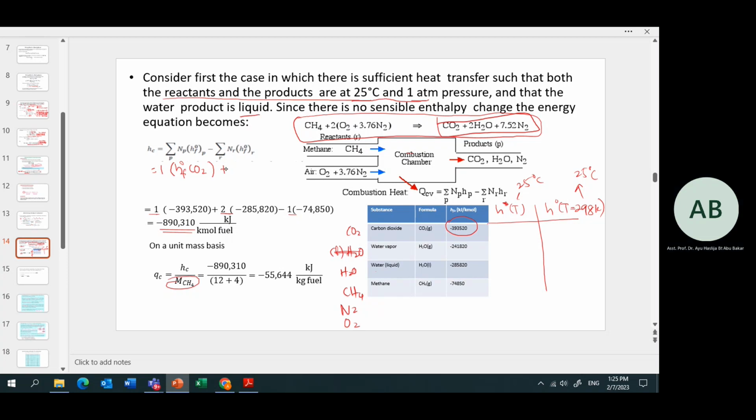Then plus 2 moles of H2O multiplied by the heat of formation of H2O liquid. Plus 7.52 nitrogen multiplied by the heat of formation of nitrogen, where we know the heat of formation of nitrogen is 0. That's why the table doesn't state it, but I advise you to state everything. Now this part is only for product.